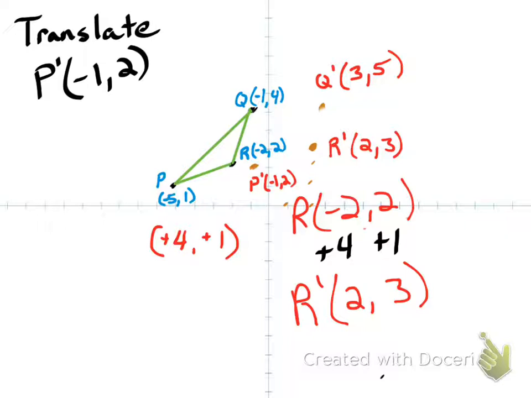Now I can connect the points on my triangle, my new triangle. There, there, there. Now you see how it's the same exact triangle? It just got shifted up and to the right. Got shifted up 1 and to the right 4. And that's a translation. It's a slide.